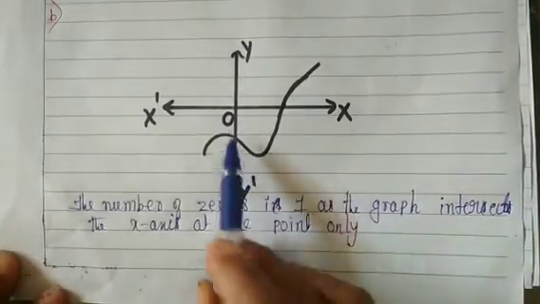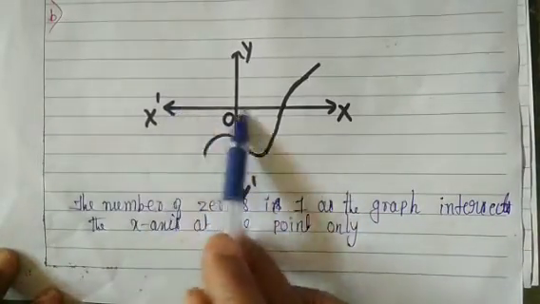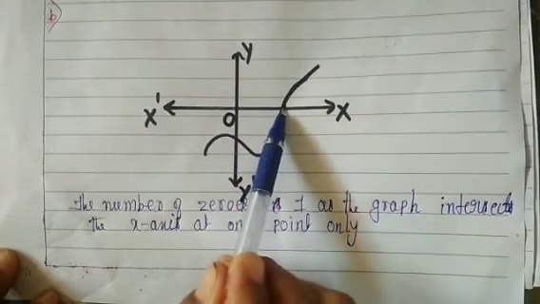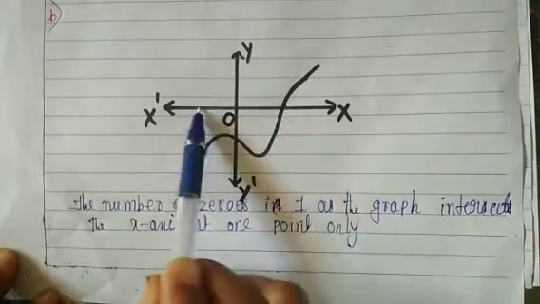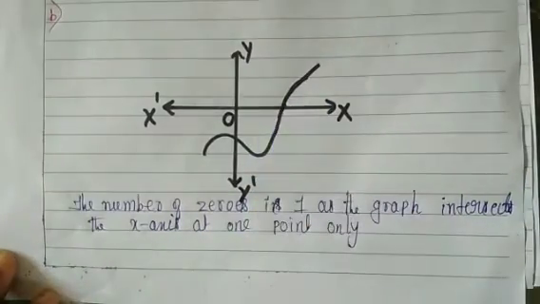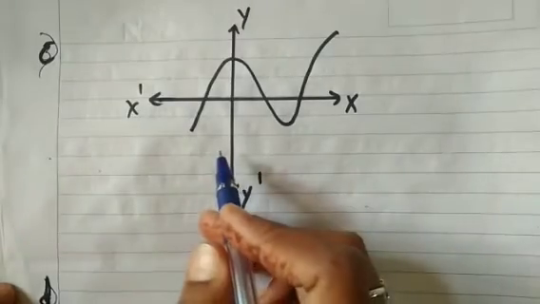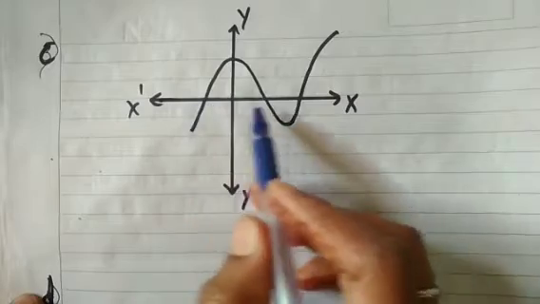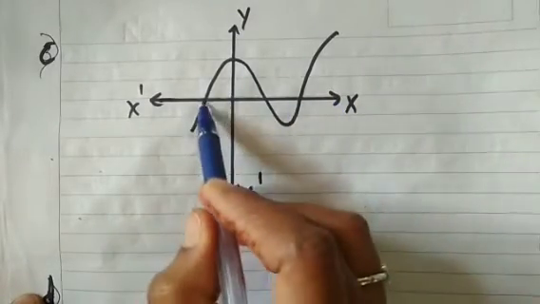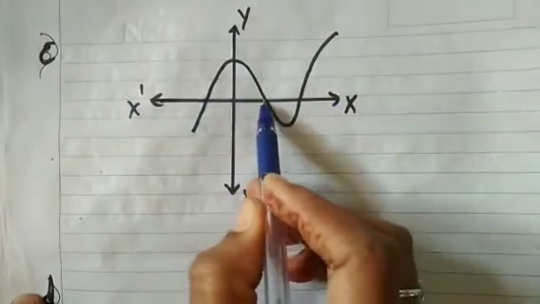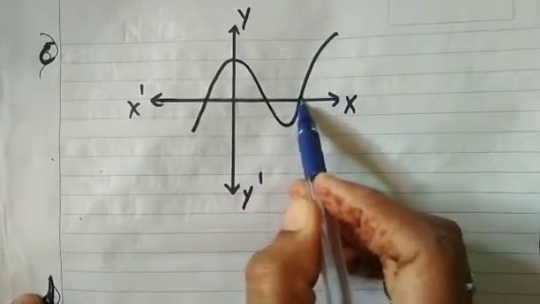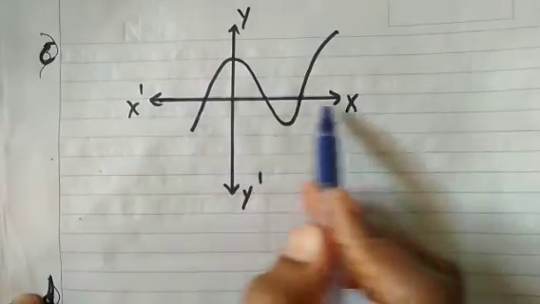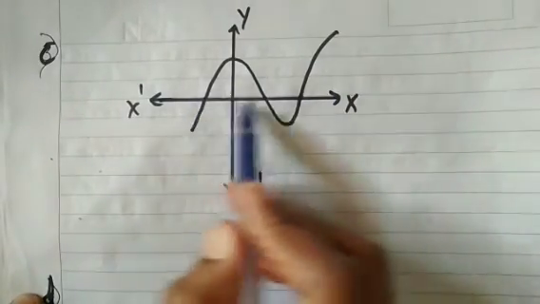So, dear students, the x-axis cuts the graph at 1 point only. So the number of zeros is 1. In the third graph, the number of zeros is 3: 1, 2, 3, as the graph intersects the x-axis at 3 points only.